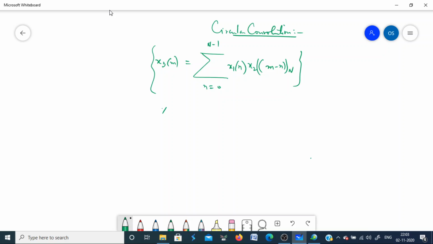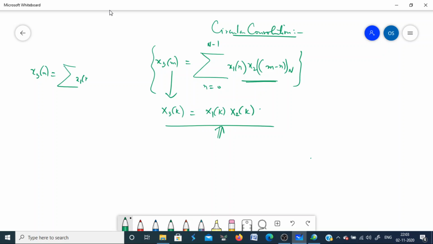It means if you find x3k, which is the DFT of x3m, that will be nothing but x1k multiplied with x2k. So if it is circular convolution in time, it is the multiplication of their DFTs in the frequency. If it is linear convolution, x3n, like in the previous case we have done, it is x1 of k into x2 of n minus k.